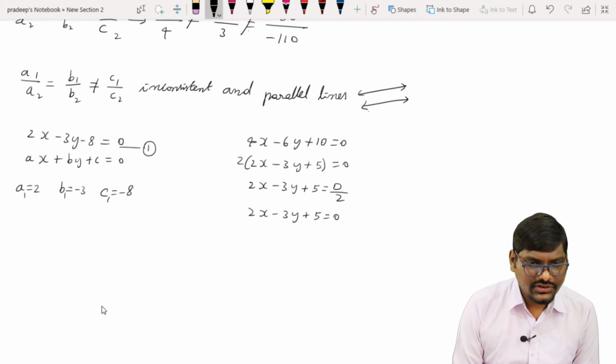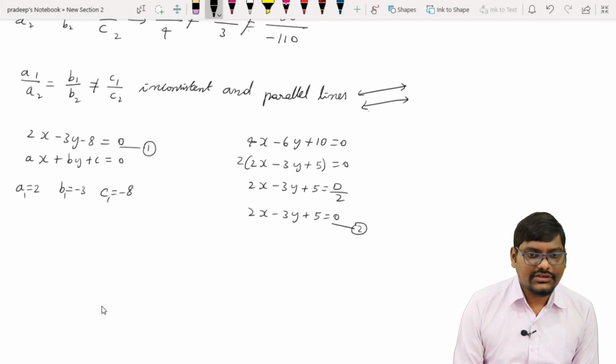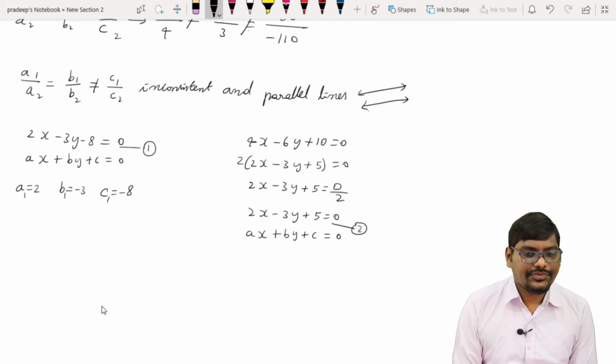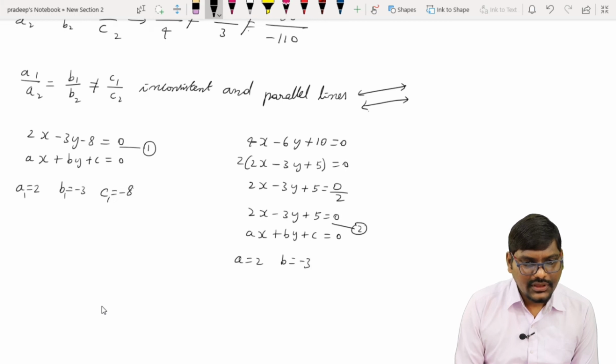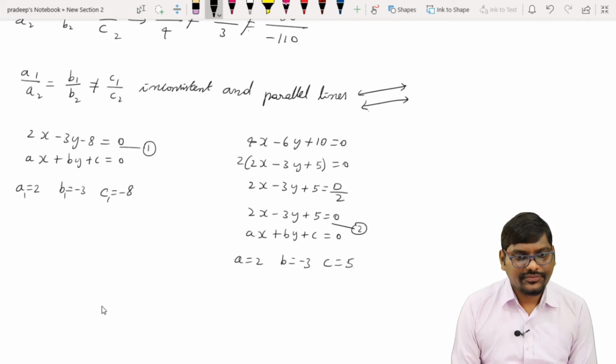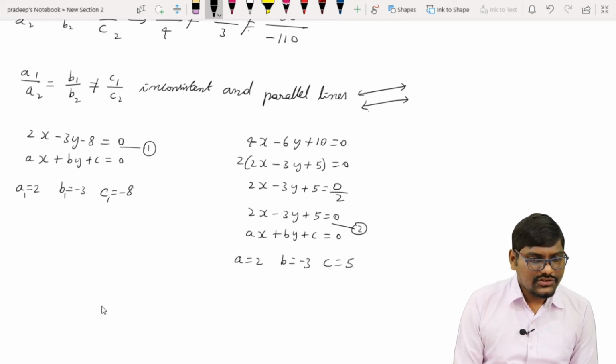Now let's say this is the second equation. I'll represent it with the general equation ax plus by plus c equal to 0. Now a is representing 2, b is representing minus 3, and c is representing 5. So this is a2, b2, c2.